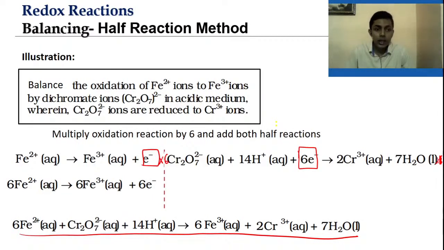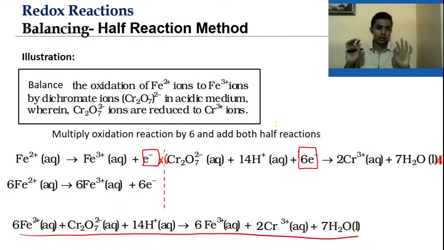These are the two methods which are quite important. You can practice more questions of this type, especially finding the number of electrons. Questions can come this way: some reaction is a redox reaction, calculate the number of electrons exchanged.